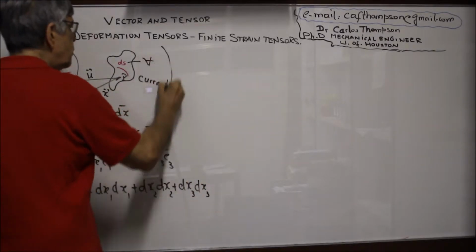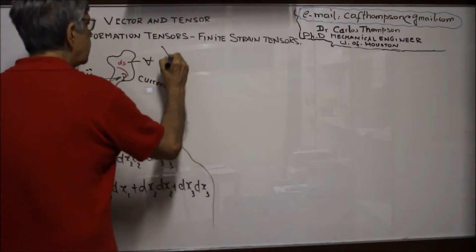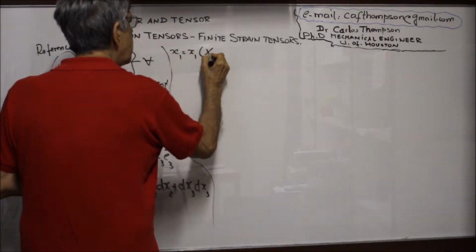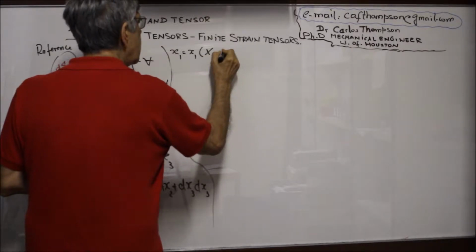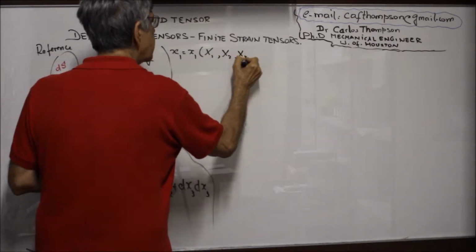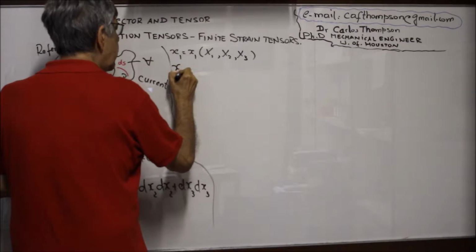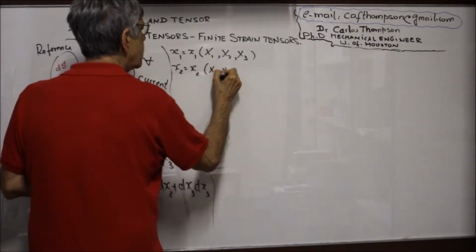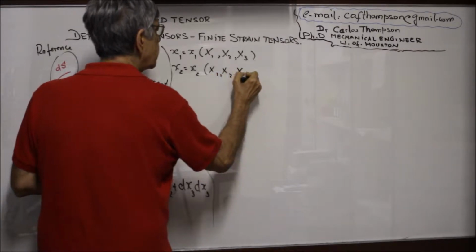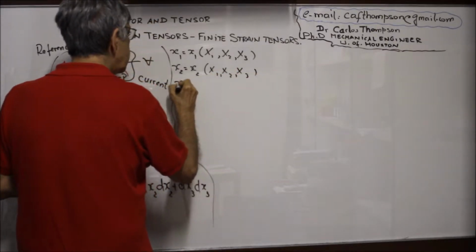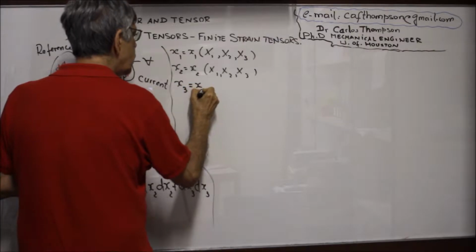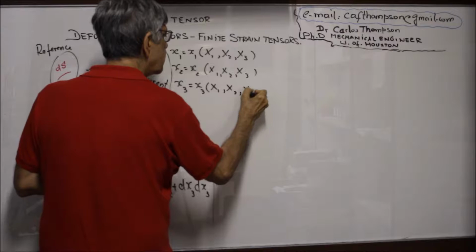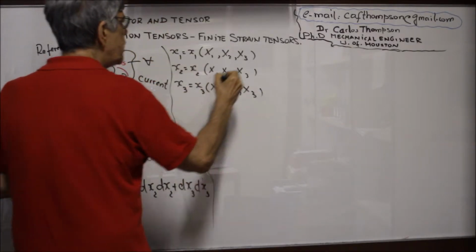But we know that x1 is a function of X1, X2, and X3, x2 is a function of X1, X2, and X3, and x3 is a function of X1, X2, and X3.